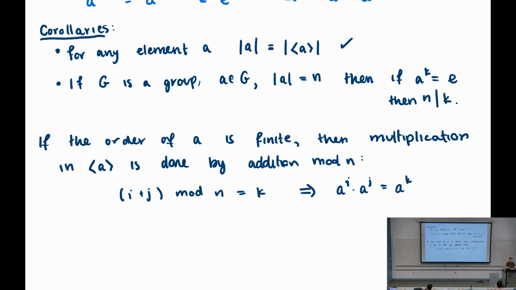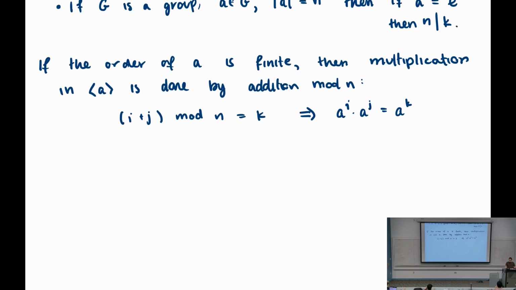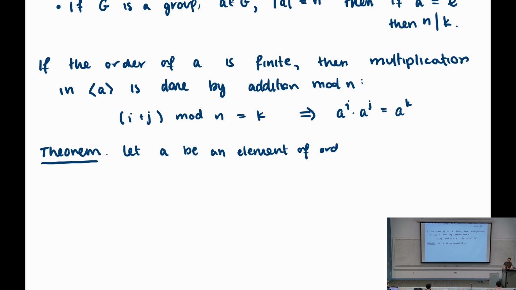Okay, let's prove another theorem. So let's let a be an element of order n in a group G, and let's let k be a positive integer.